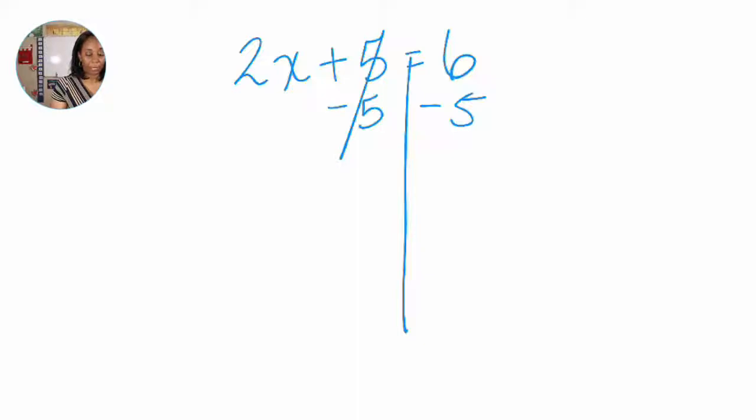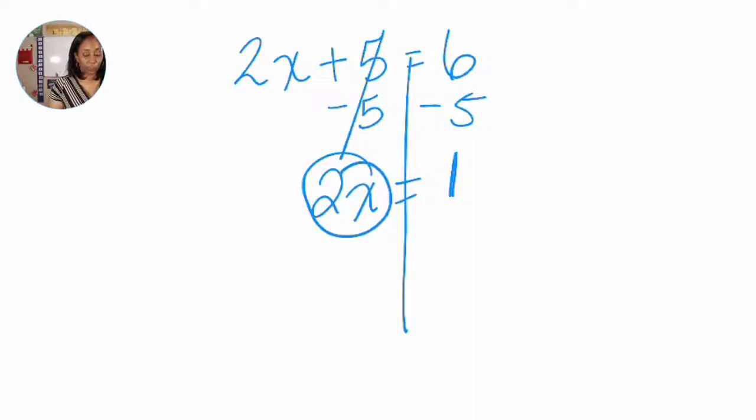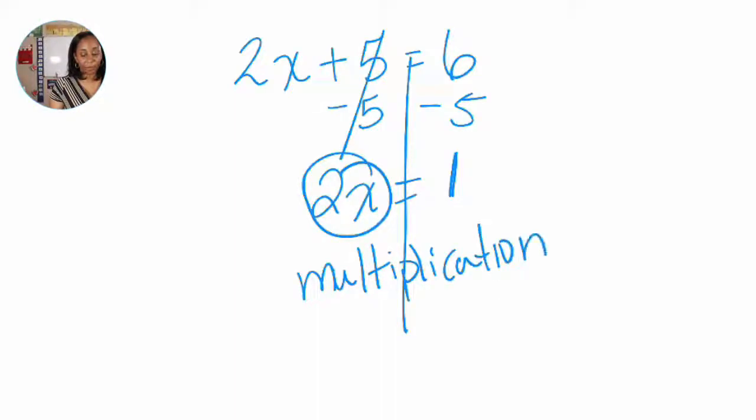And then I bring down my 2x, which is equal to 6 minus 5 is 1. So I have to undo 2x, which is put together by multiplication. The inverse of multiplication is division. That's your inverse.